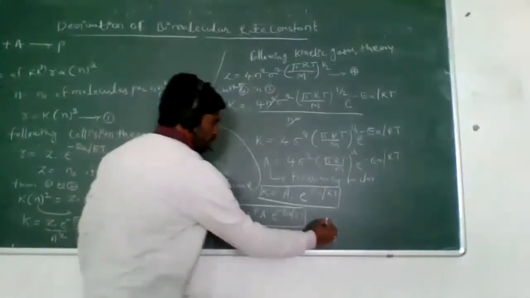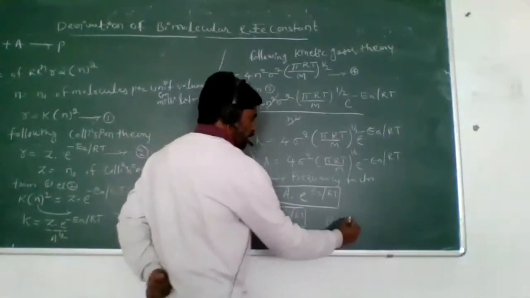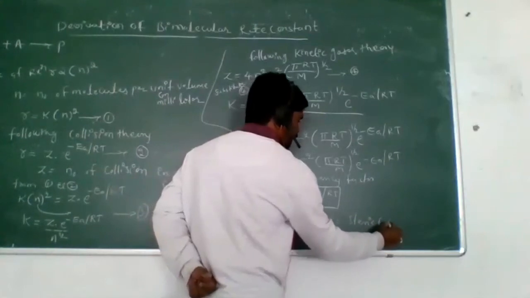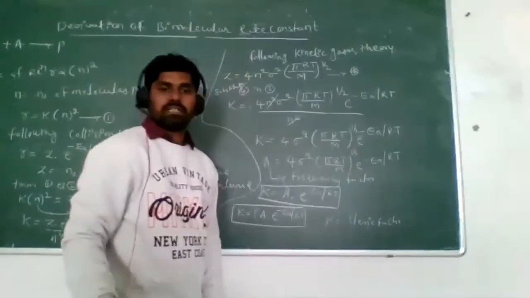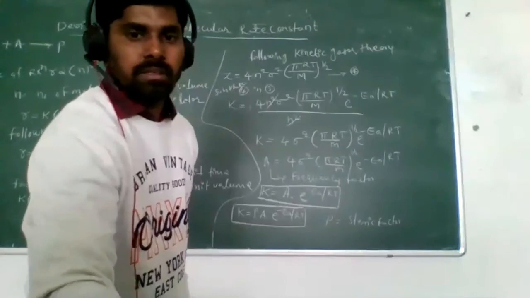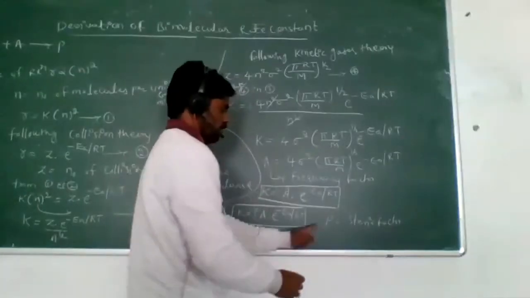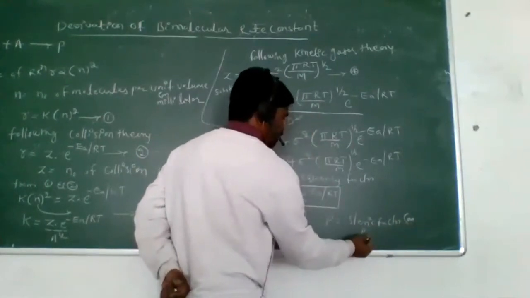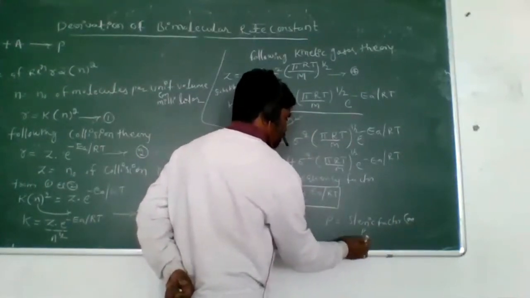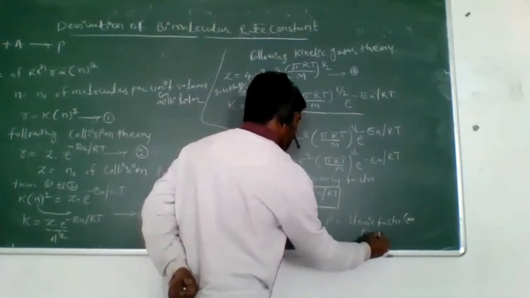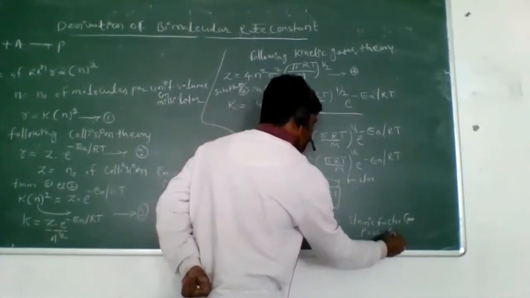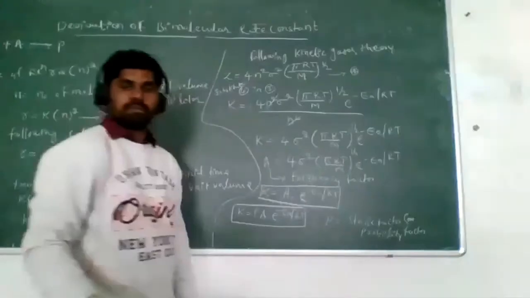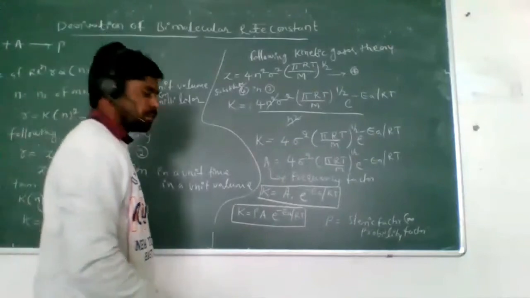So here rho is the steric factor, or it is the probability factor. Clear? Probability factor. Right.